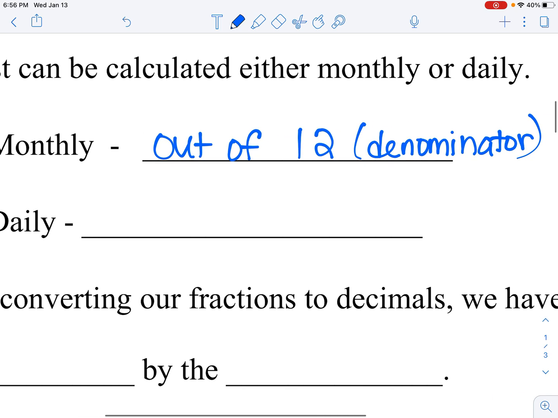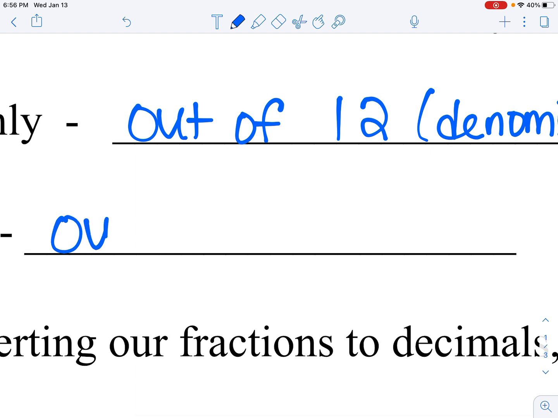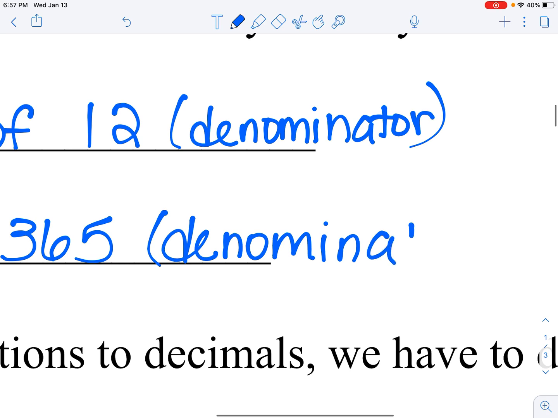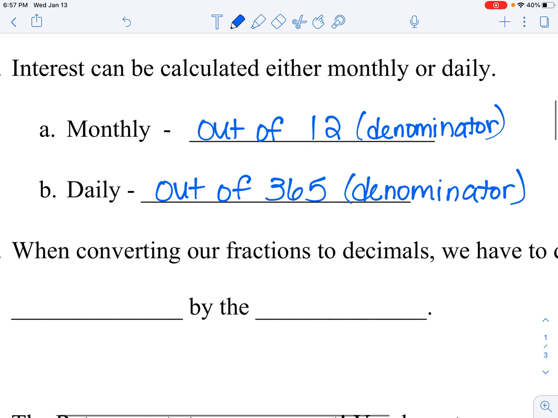And if it's daily, it's going to be out of 365, which is also in the denominator. That's something that you need to remember when we're solving. You're looking for keywords. If it says monthly, we're going to go with 12. If it says daily, we're going to go with 365. So you have to be on the lookout for those terms.